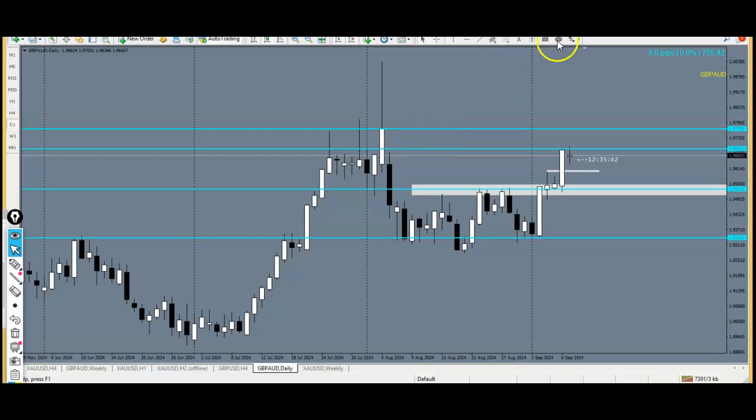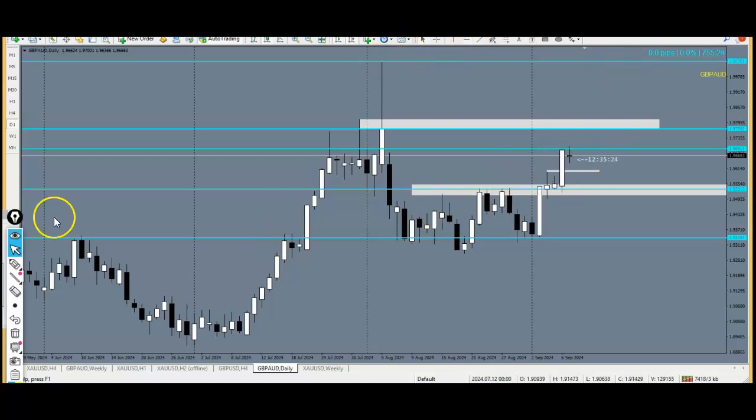Then I can take a bigger chunk and say this whole zone is a possible area for it to go as a target. Eventually we'll see if it will really move up this way.